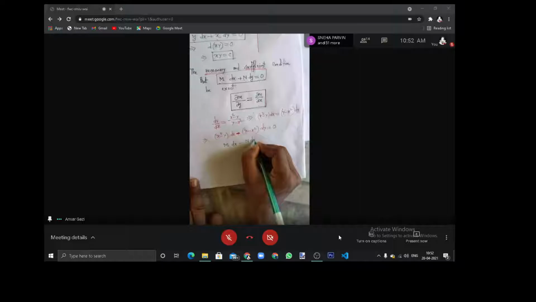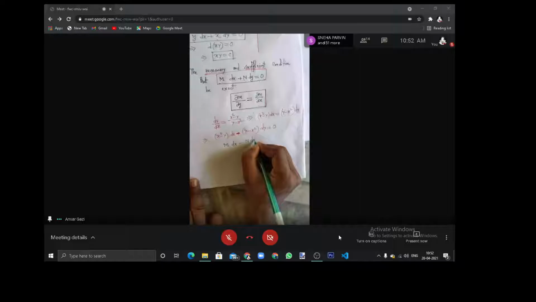So this differential equation is of the form M dx plus N dy equal to 0, where M equals x square minus y and N equals y square minus x.